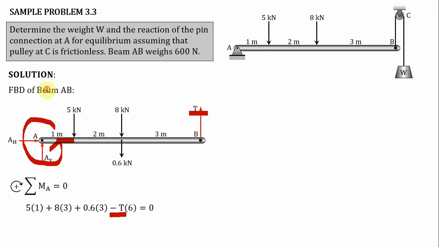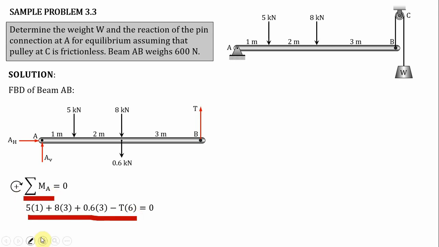What is the moment arm of T force? Ito yung arm. That is 1 meter plus 2 meter plus 3 meter, and that is 6 meter. That's why, class, minus T times 6 meter. Nakuha nyo ko? Itong equation na yan represents the summation of moment. Take note. And then, equals ito, class, equals.